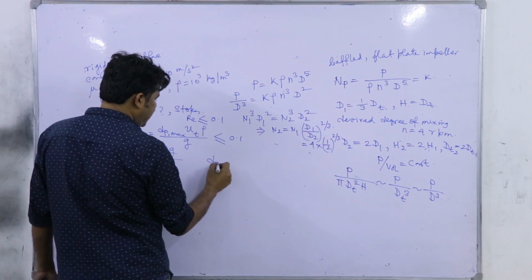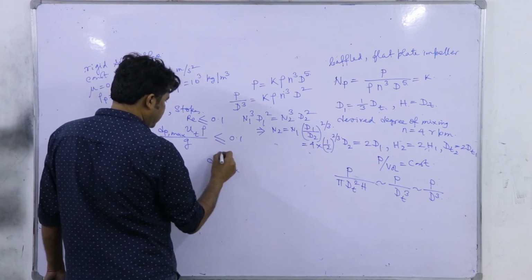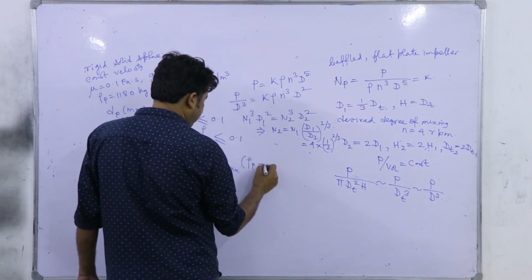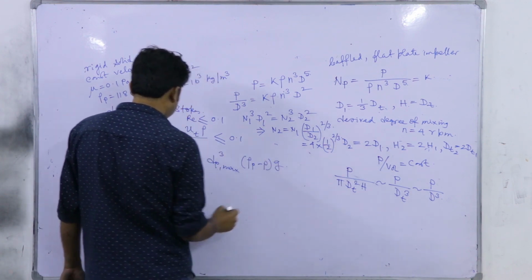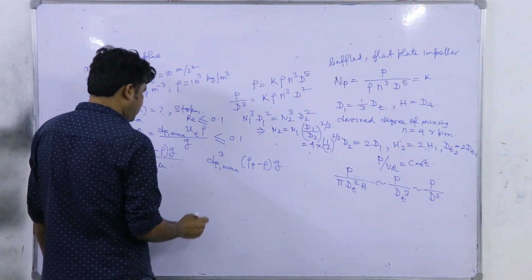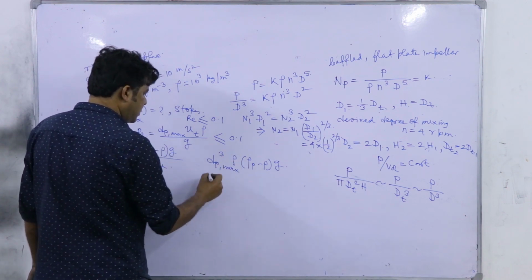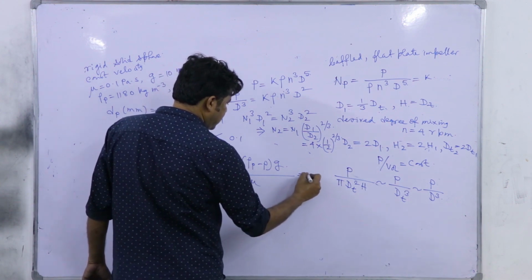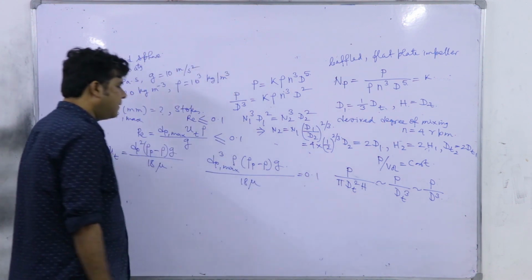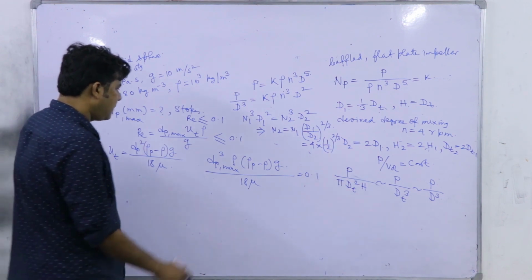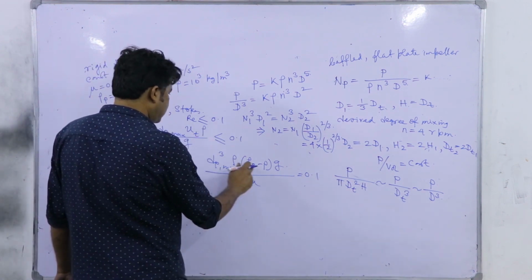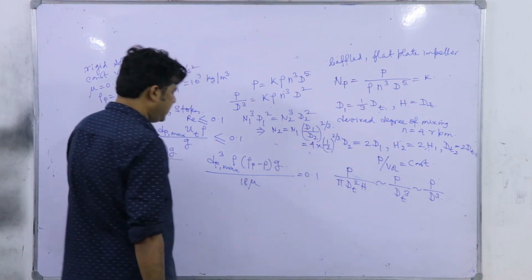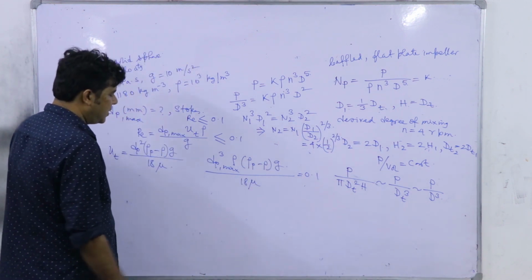So if you substitute, dP max cubed into (rho p minus rho) into g into rho, divided by 18 mu squared, is equal to 0.1. So, (rho p minus rho) into dP cubed divided by 18 mu, that's equal to 0.1.